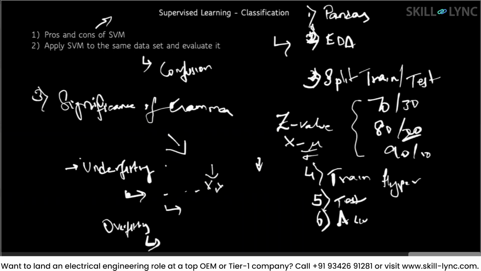For overfitting, you can increase the training data set, or you can use some regularization techniques that we'll be learning again in the advanced course. But apart from this, if you look into the different techniques I've taught, splitting of data, hyperparameters, z values, we should be able to come up with optimum results. If the model is underfitted or overfitted, then we have to use different techniques for that. Okay, great.